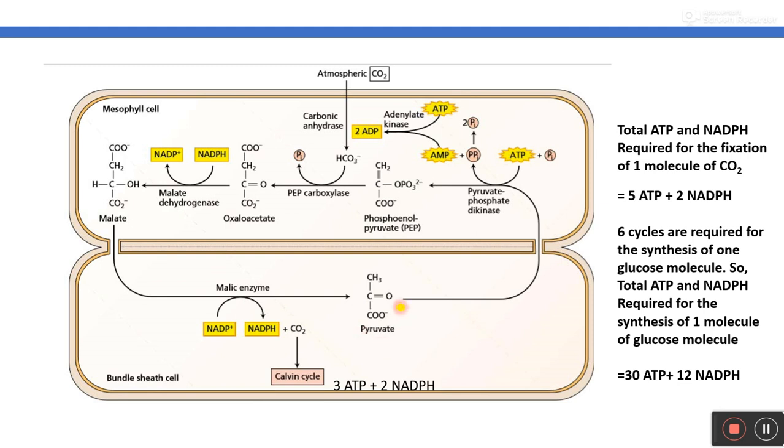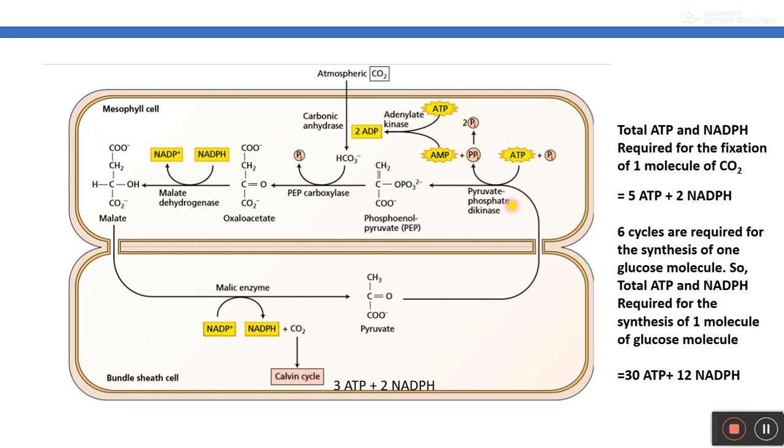But the pyruvate again enters the mesophyll cells, and at the expense of two molecules of ATP and in the presence of the enzyme pyruvate phosphate dikinase, it is converted again into phosphoenol pyruvate. So in this way, phosphoenol pyruvate is recycled back. So this is all about the C4 cycle, right?